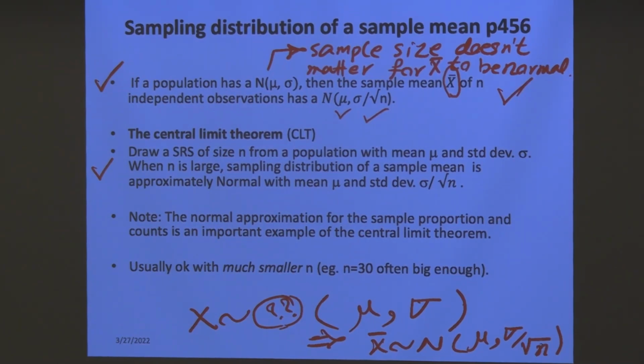Now, if height in the population of Canada is not normally distributed, that sample mean is not going to be normally distributed because the sample that I choose every time is just 5 people. N is small. If N is small, this cannot be approximated by a normal model.